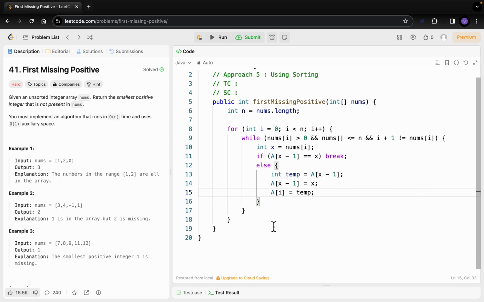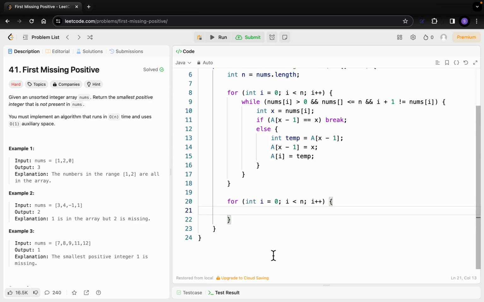Okay, now I will iterate again, i less than n, i plus plus.